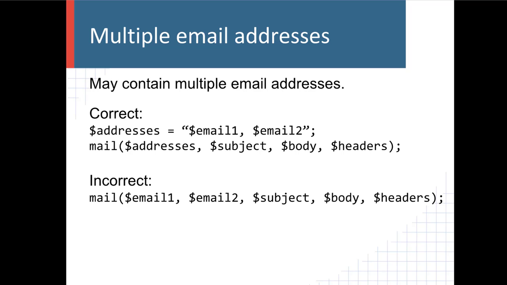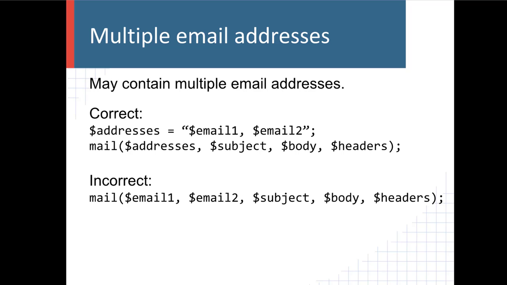However, you cannot do it where we have email 1, email 2, because the mail function has already set its parameters, and that's to, subject, body, and headers. If you do email 1 and email 2, the subject line is going to be the second email and not actually sent to the email.